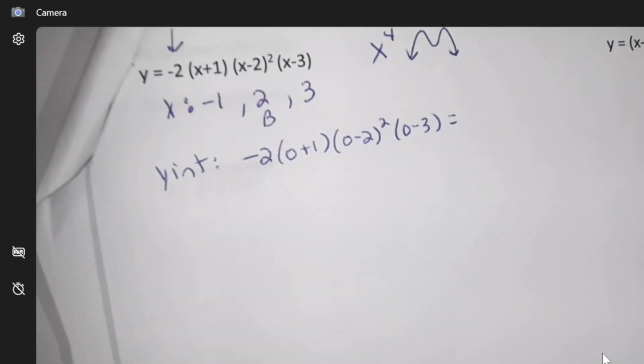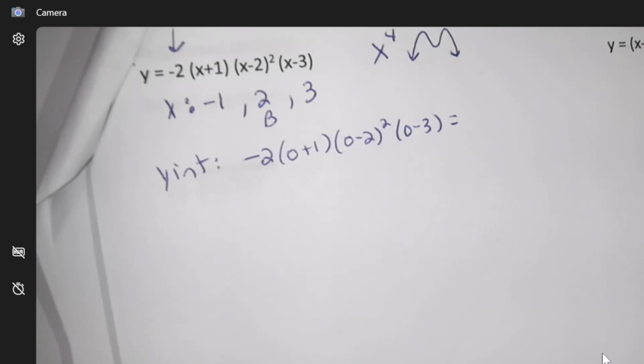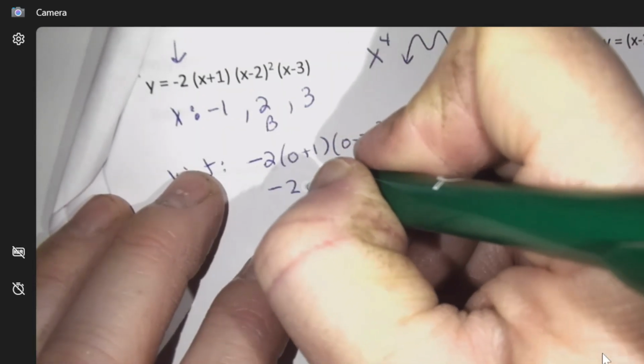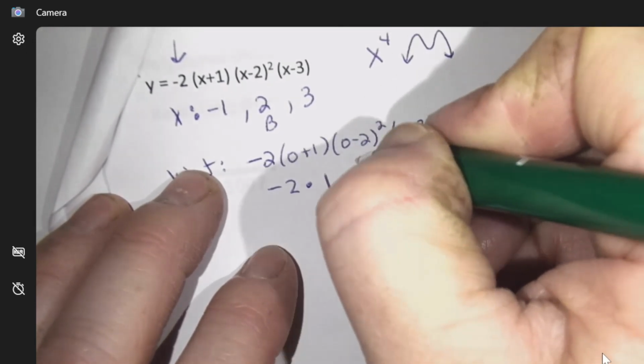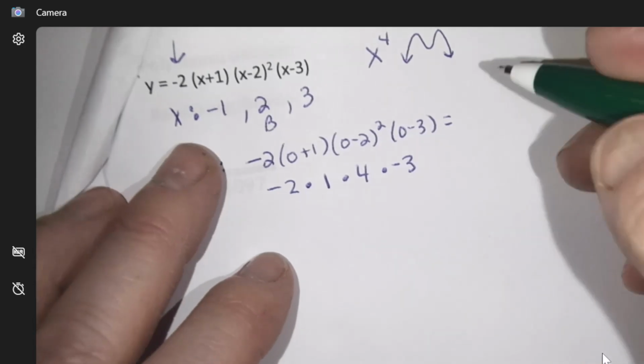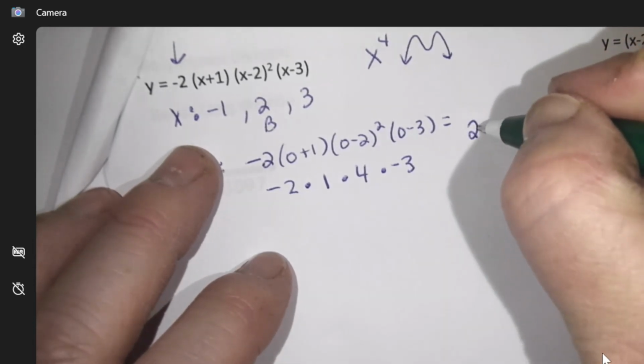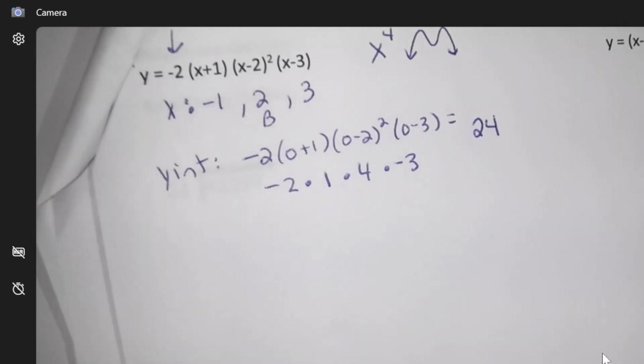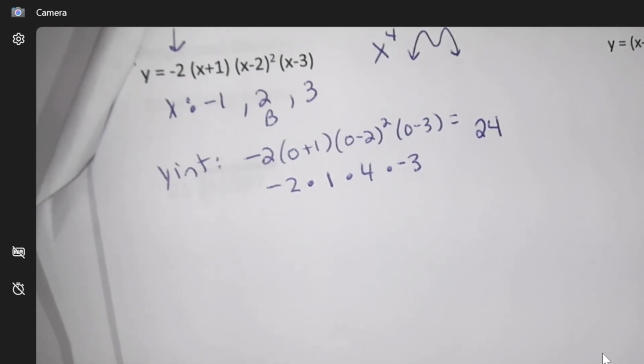And then the y-intercept is when the x is 0. Did anybody else get 24 out of that?